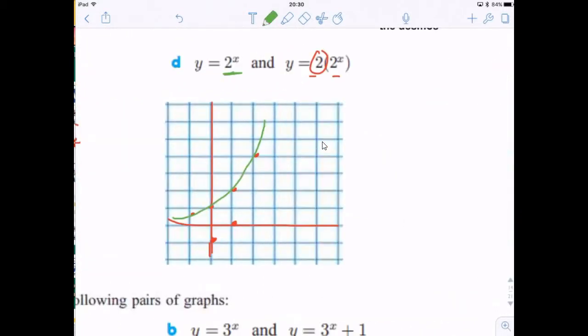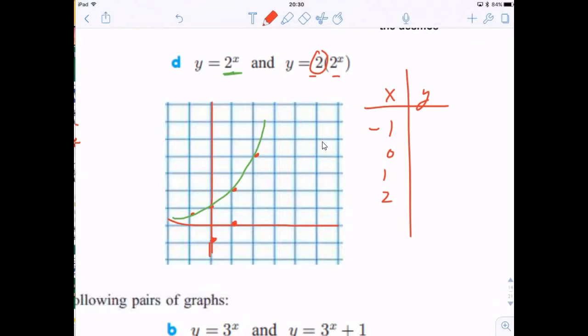The first thing it tells us to graph is the parent function again, so I just regraphed it here in green. Then it asked us to graph the parent function times 2. So let's make the xy table again. Okay, and so we'll put in the numbers -1, 0, 1, and 2 in for x, and then we'll see what we'll get out for y.